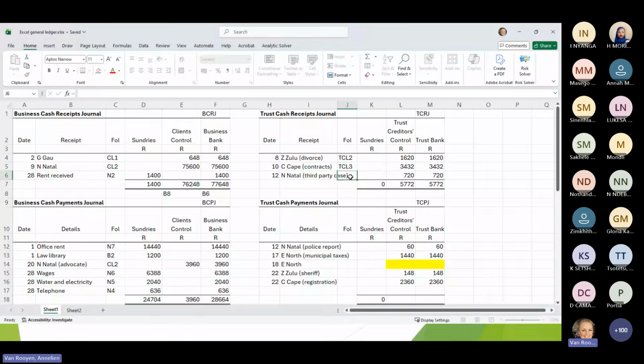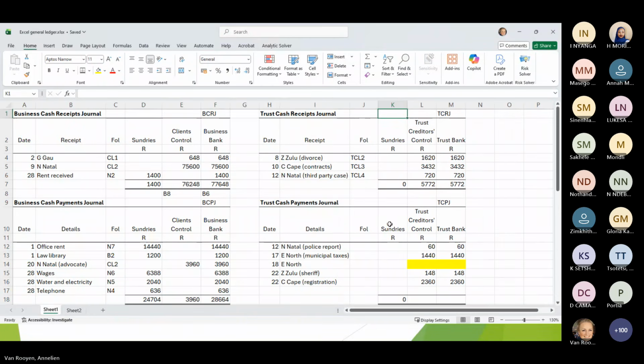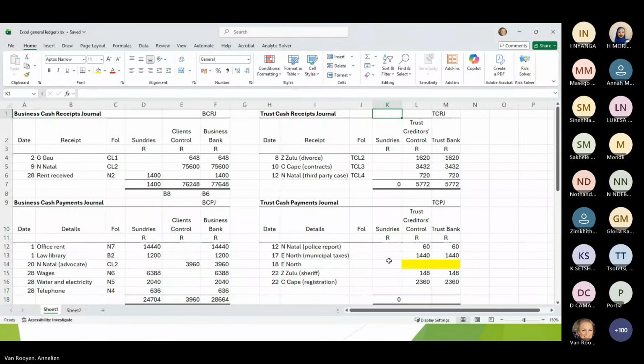I'm just using the same numbers as in the study material so that I don't confuse you. Can you tell me what that folio should be? Any ideas?